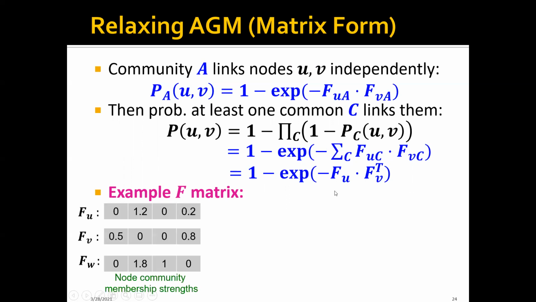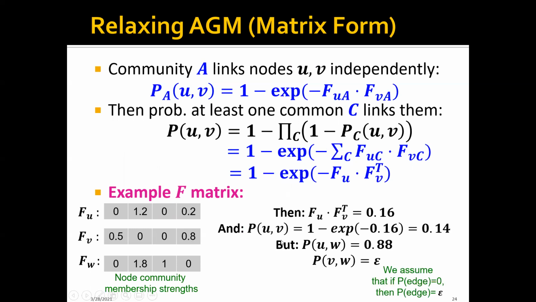For example, let's say that we have this small F matrix, where we have 3 nodes u, v, and w, and 4 communities. This first row corresponds to node u, the second row corresponds to node v, and the third row corresponds to node w. These are the node community membership strengths. If we compute the inner product of F_u and F_v, we get 0.16.